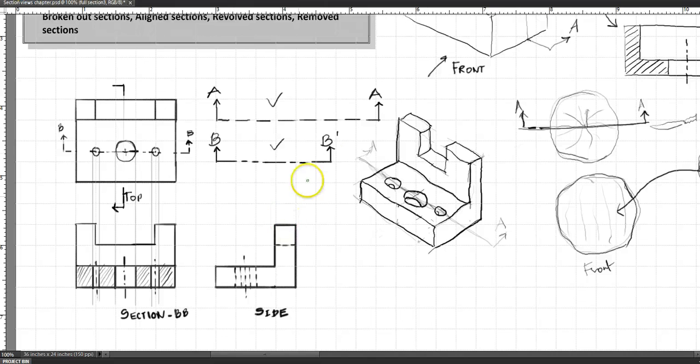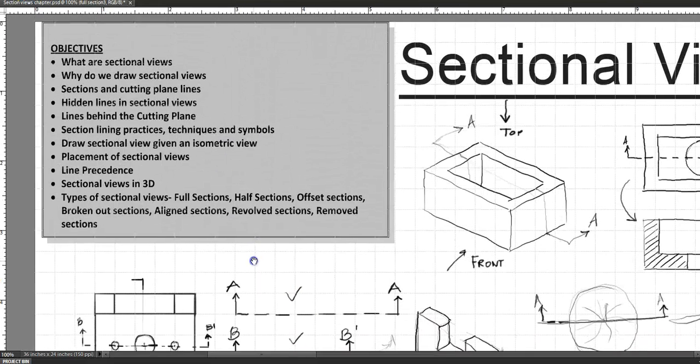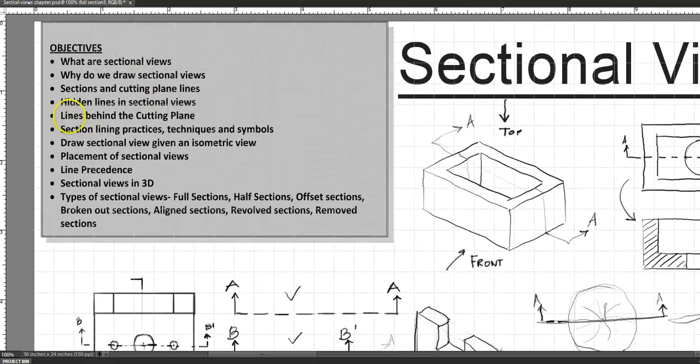As long as you name it correctly, that's all that is needed. So if I have B dash over here and B dash over here, then even this should be B dash. So this was the cutting plane.